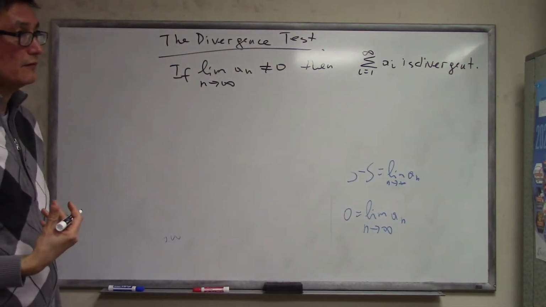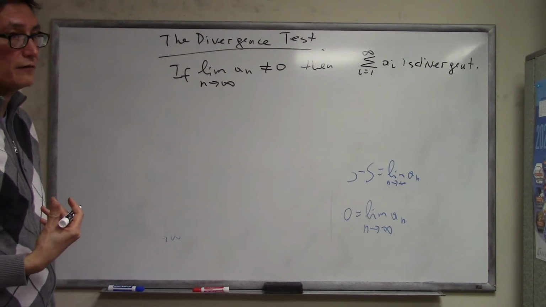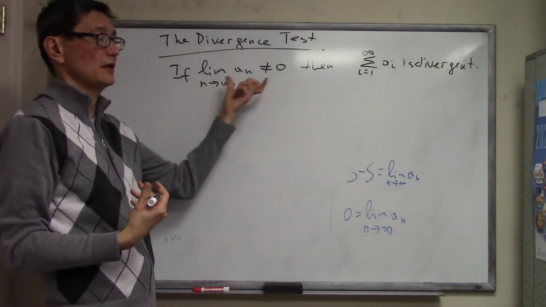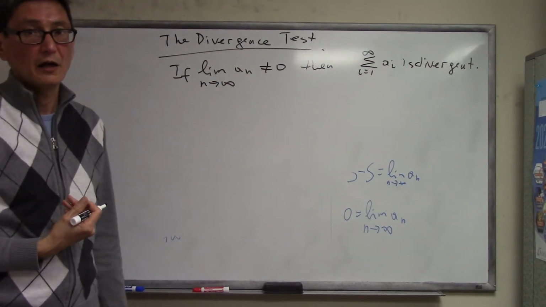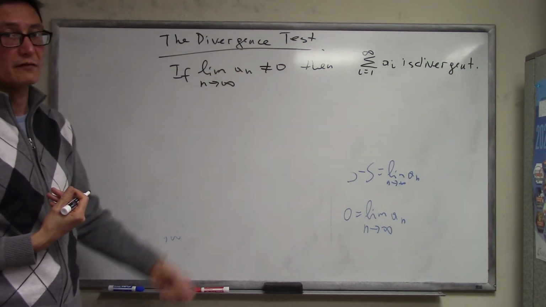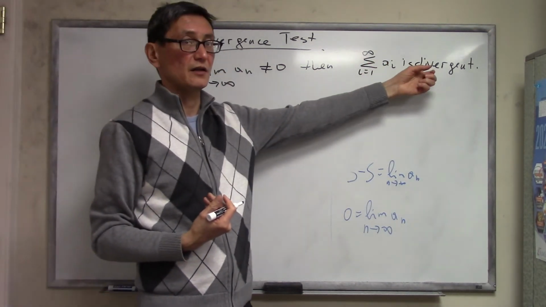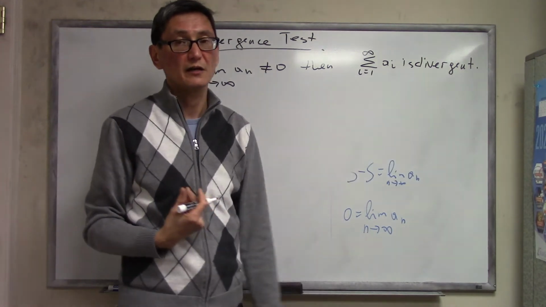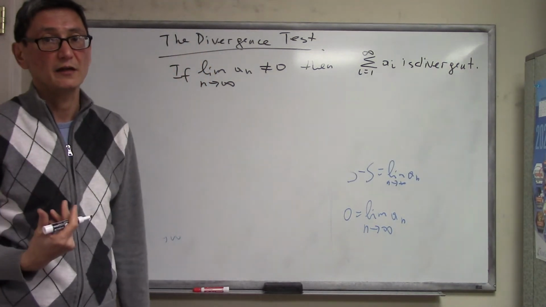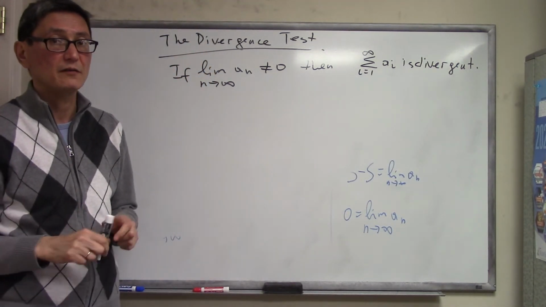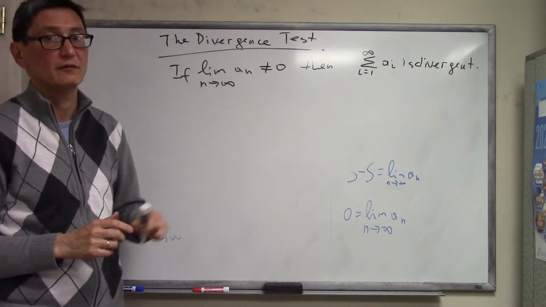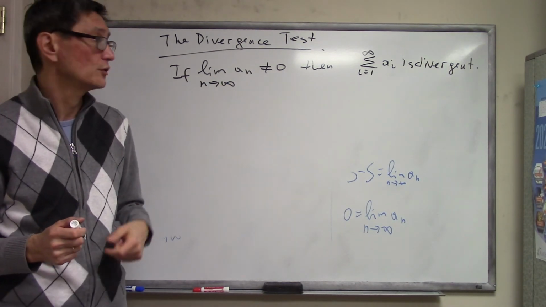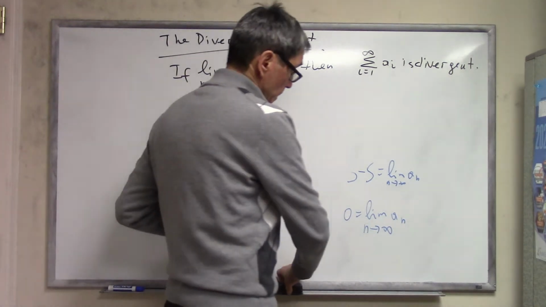Notice that the divergence test doesn't tell you anything about what is happening if the limit equals 0. If limit of an equals 0, then we might have the series convergent, or we might have a divergence. So the divergence test doesn't check for that. It tells you what is happening if limit of the term an is not equal to 0. If limit is not equal to 0, then the series is divergent.